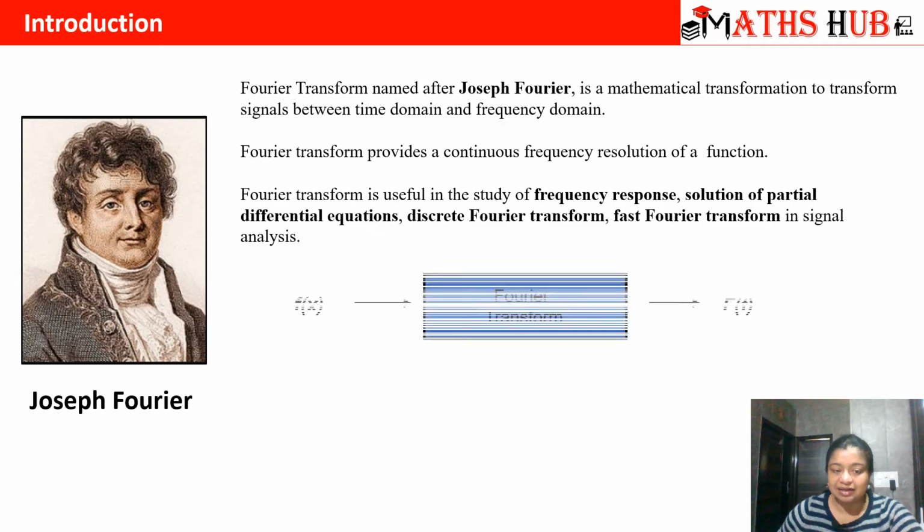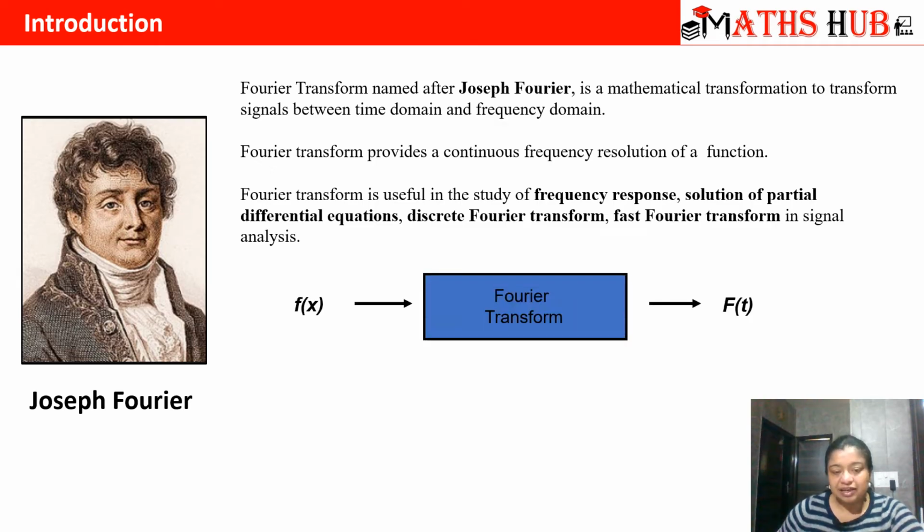in signal analysis. So basically, it is a tool that breaks a waveform into an alternate representation characterized by sine and cosine functions. If this box represents a tool, whenever we put a function f(x) into it, then after applying the tool we get back the function f(t).